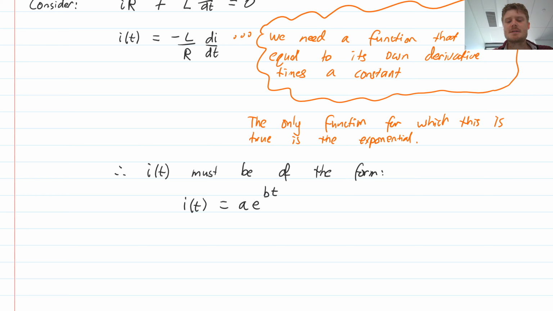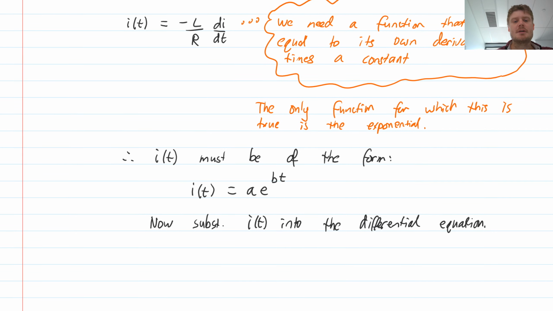This function is proportional to its own derivative, so let's assume we have an I of t of this form and substitute it into our differential equation.